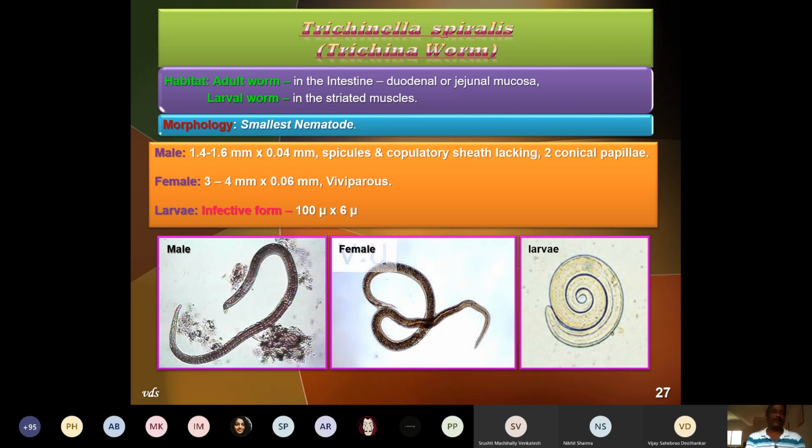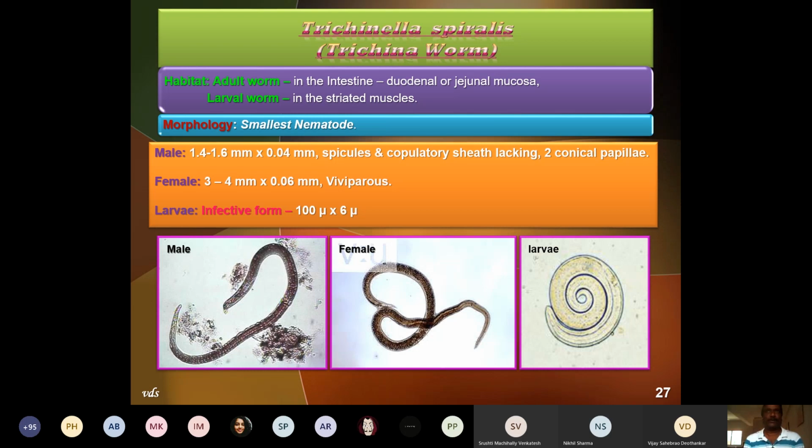Female parasite measures about 3 to 4 millimeters in size by 0.06 millimeters. And these parasites are viviparous. They do not produce eggs. They liberate the larval form of the parasite, and the larval form is just called an embryo.